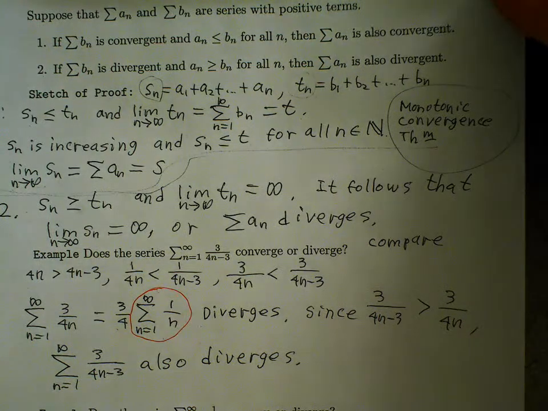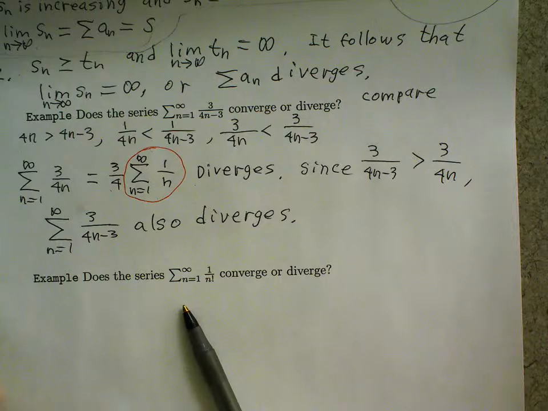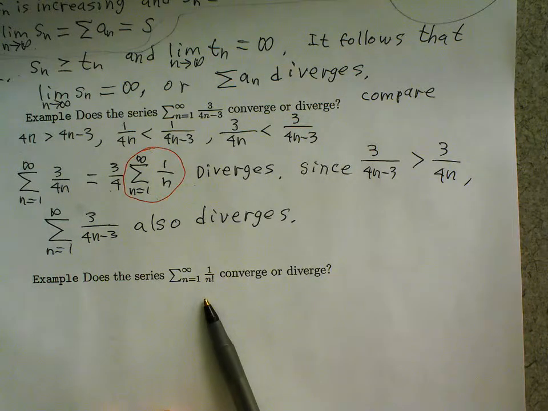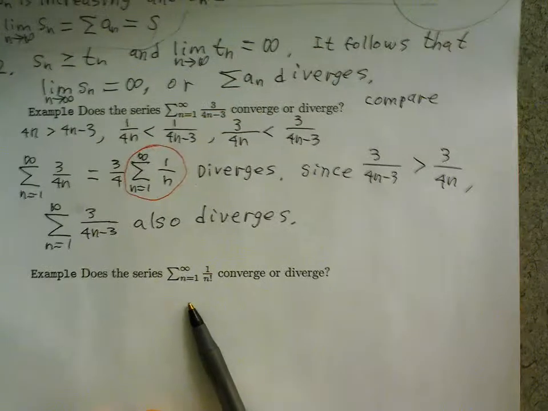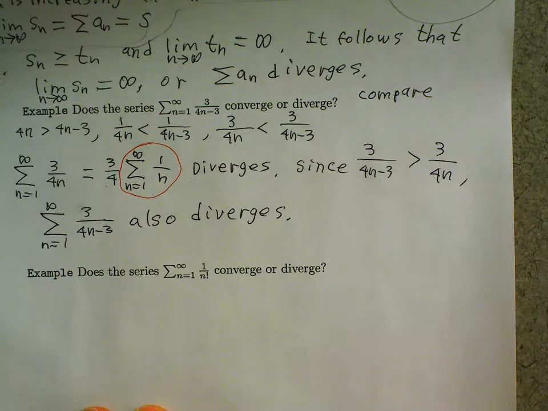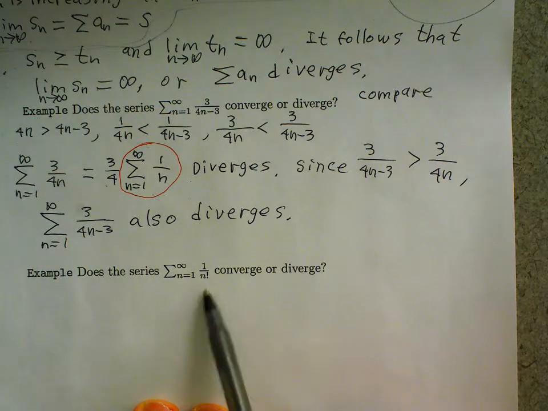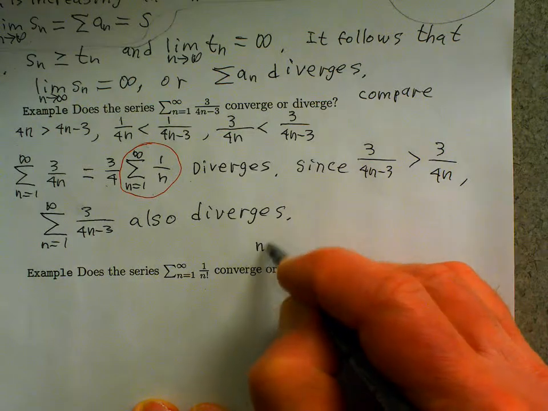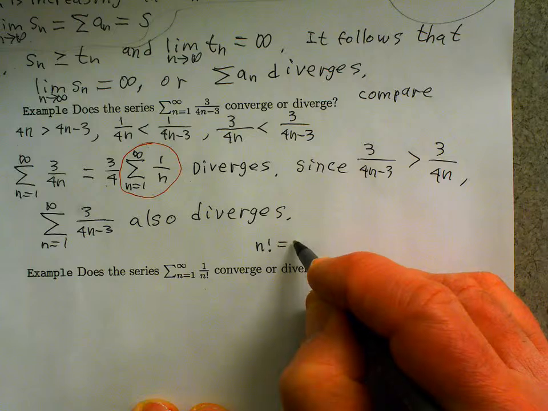Okay, let's try the next one. Does the series of the terms 1 over n factorial as n ranges from 1 to infinity converge or diverge? So just a reminder, n factorial means the product of the first n positive integers.